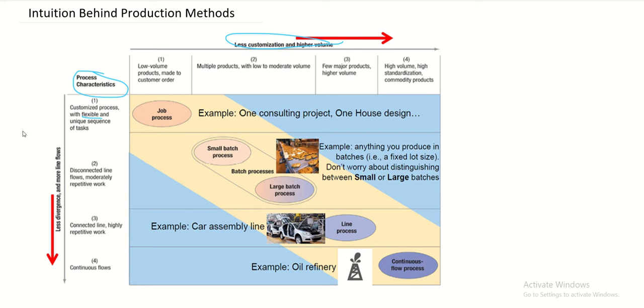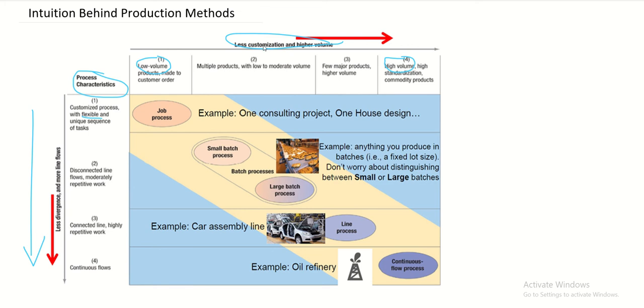As we move down here, the flexibility of the process decreases, moving from the most flexible, the job process, to the most inflexible, which is the continuous flow process. Let's then look at the x-axis. It starts from low volume to the highest production volume.